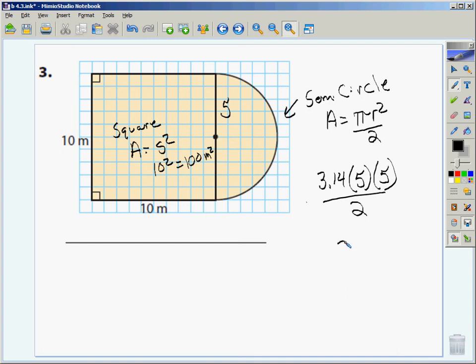What'd you get? 39.25. So the area of this composite solid, 139.25 meters squared. You said 25, didn't you? 39.25? Okay. Yeah, I added these two together.